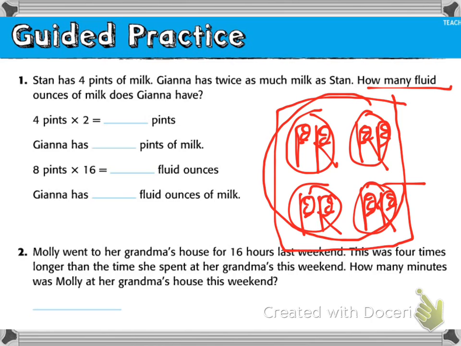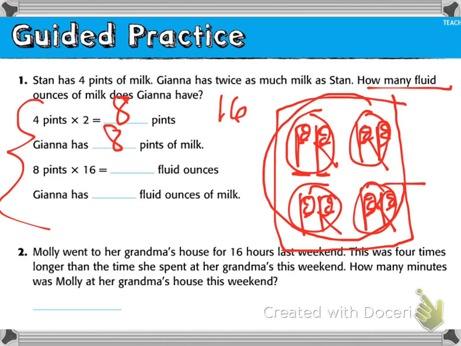Now, how many fluid ounces of milk does Gianna have? Well, we know that there are 8 fluid ounces in every cup. So, well, let's go over here. This is how they want us to solve it. Okay, so 4 pints times 2 equals 8 pints. Yep, we know that. Gianna has 8 pints of milk. 8 pints times 16 fluid ounces, because there are 16 fluid ounces in every pint.